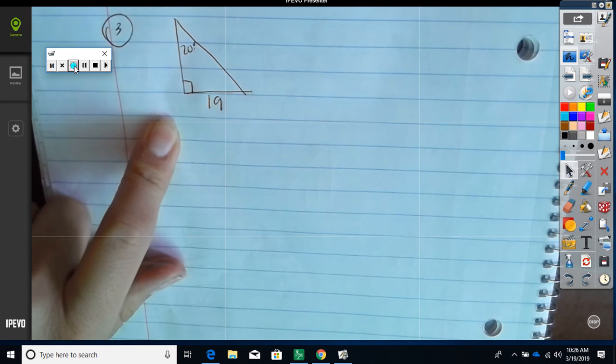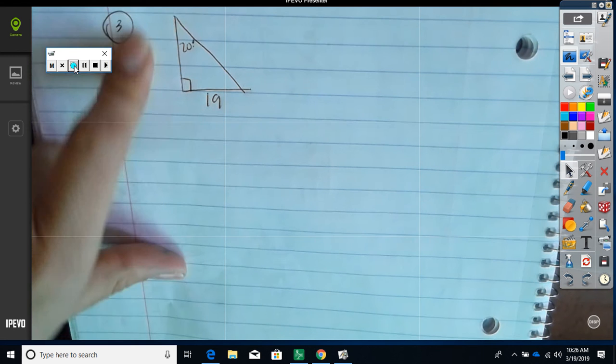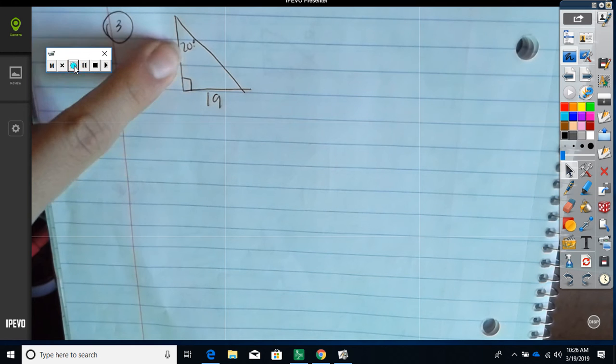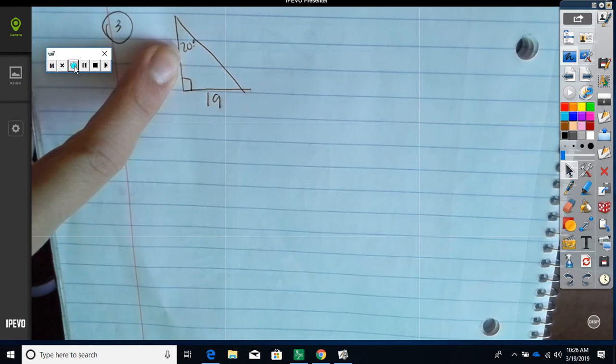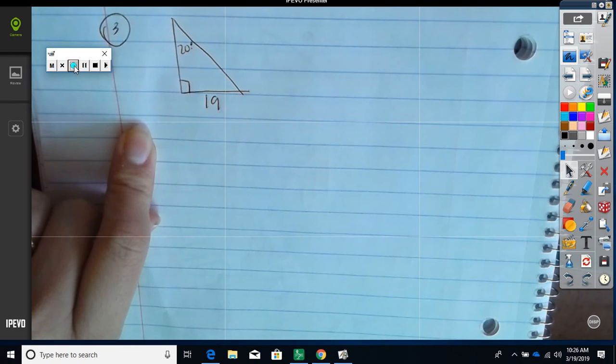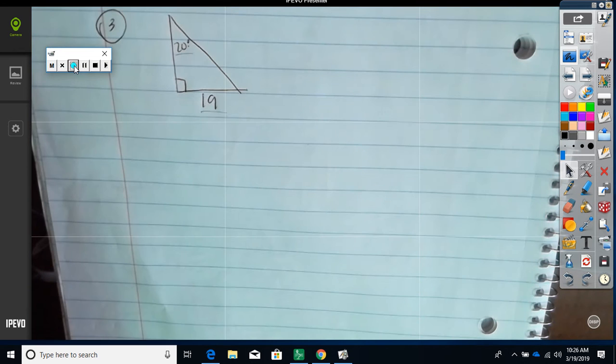No. What is the side length on this one? 20. 20 is an angle. Can you tell me the side length on number 3? So you have a side length and you have an angle.